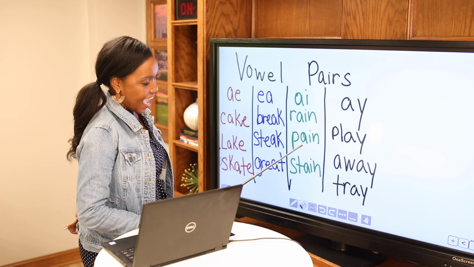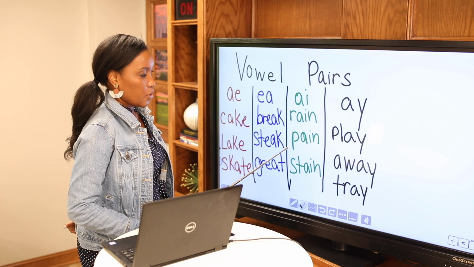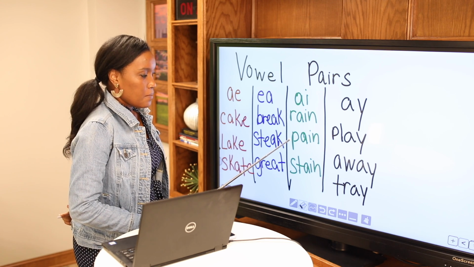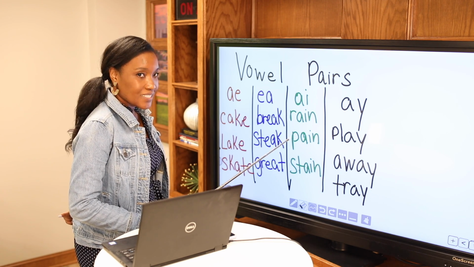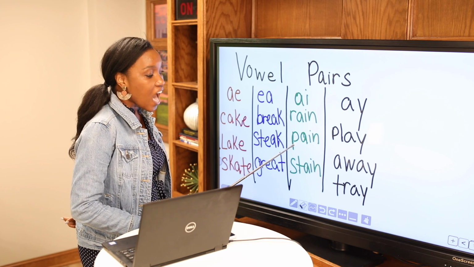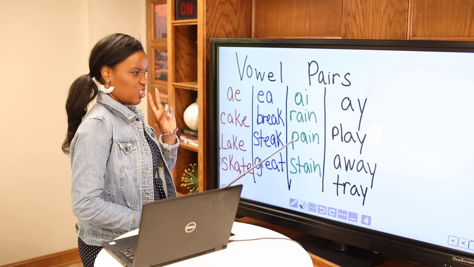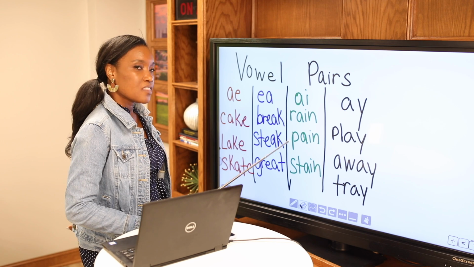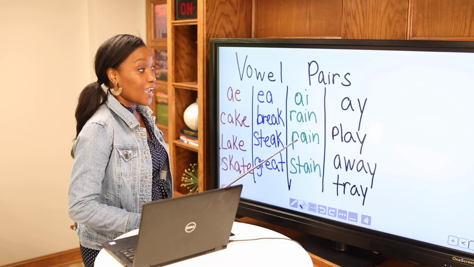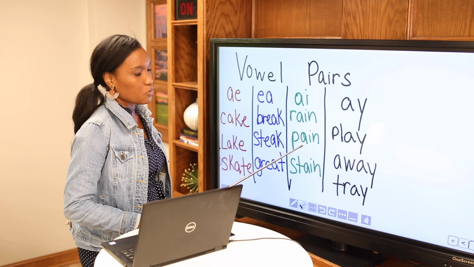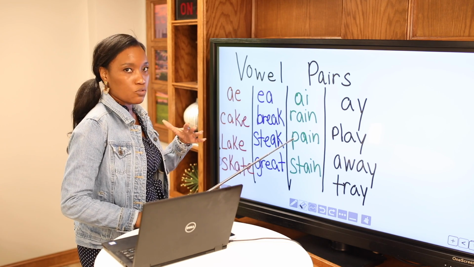Pain. Remember, here's a really important tip. Make sure you clip the sound and don't put an A, ain, because then you'll have two A sounds. When you start off with your consonant, don't drag it to the vowel before you get to the vowel, because it'll mess up the way that you say the word.